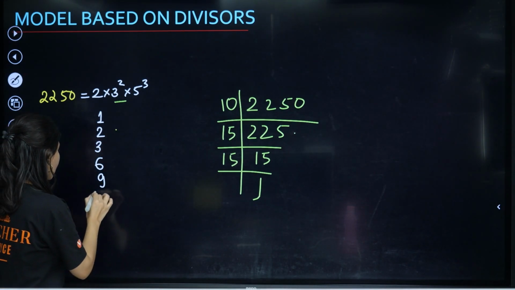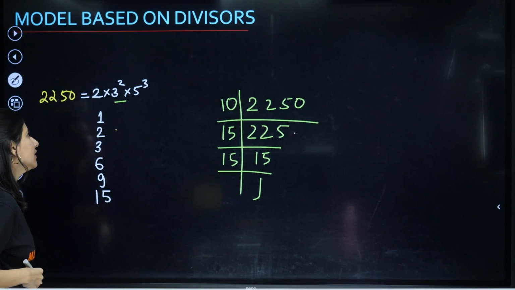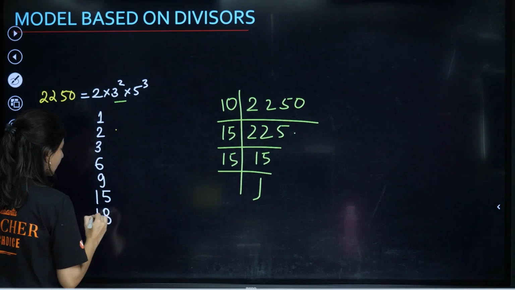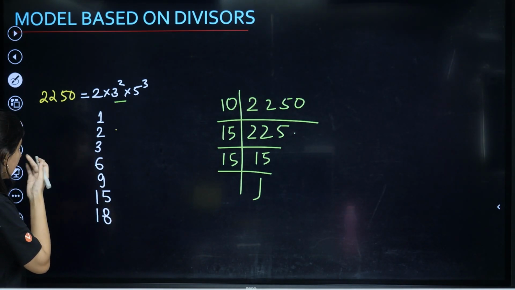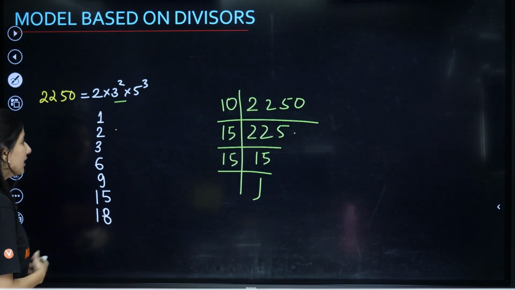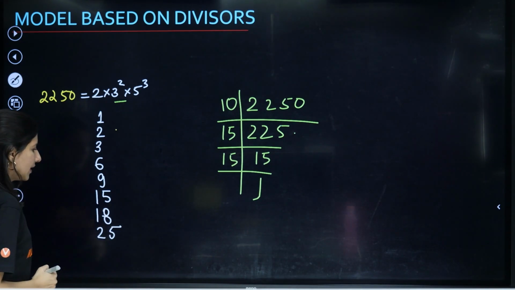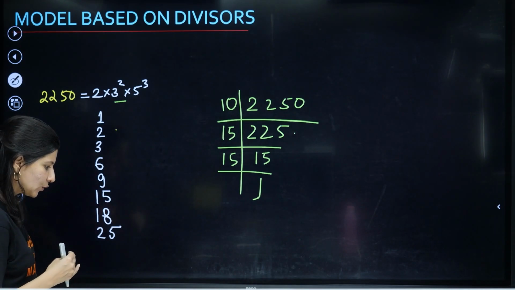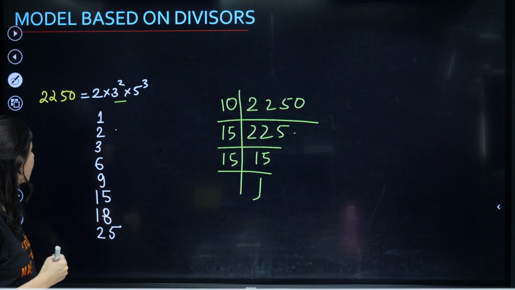Then 15 will be there, after 15, 18 will be there. After 18, 21, no. 25 will be there. After 25, 27, no. 30 is 3 into 10.